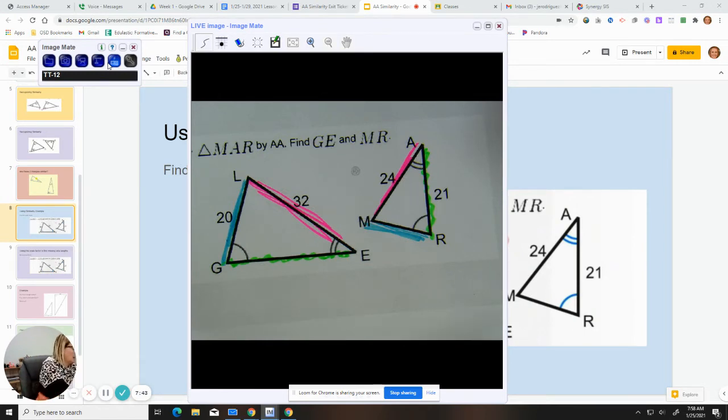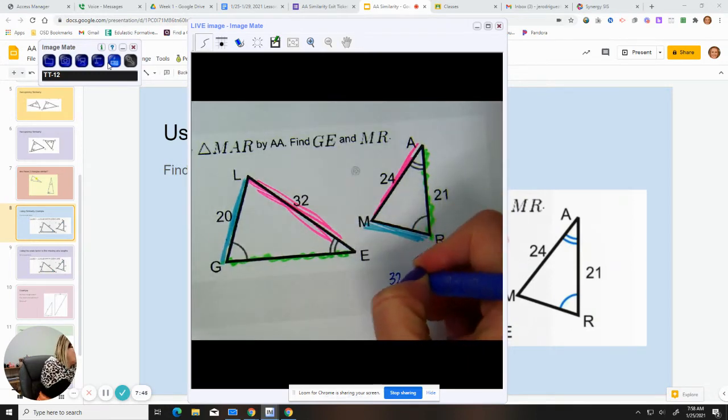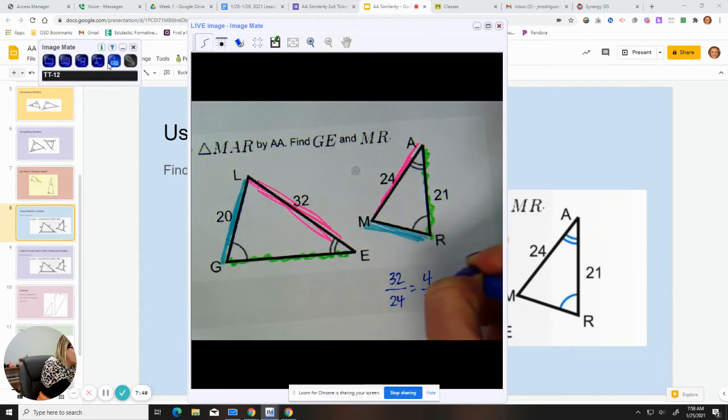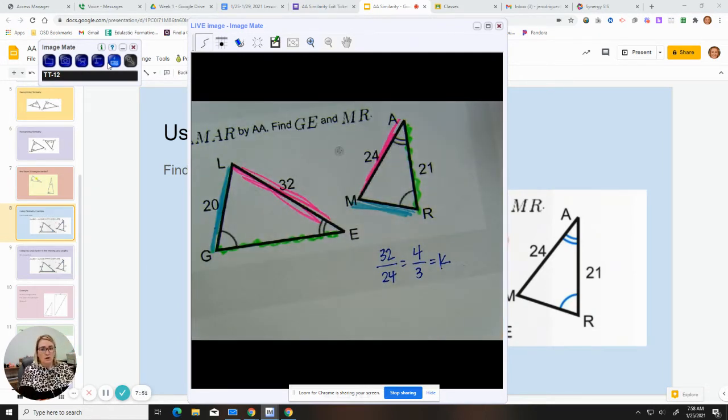So you would take 32 divided by 24, and that is 4/3, which tells me that if you were to multiply by that, you would get your answer. So 24 times 4/3, which is 4 divided by 3 in the calculator, would get you to 32.